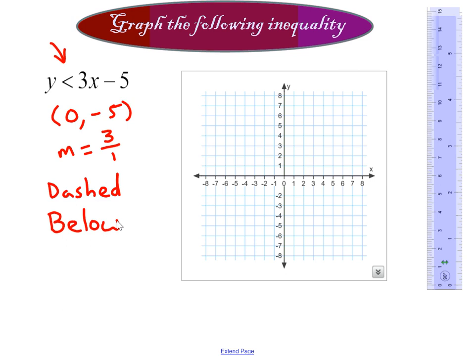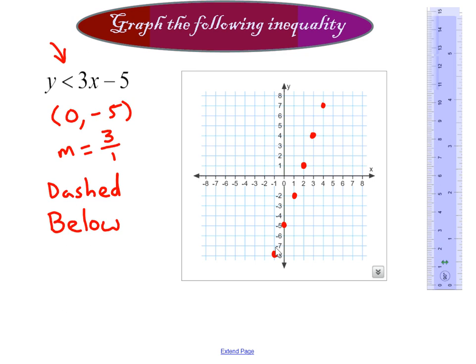So I start at -5, because that's my y-intercept. I'm going to go up 3/1: up 3 squares, over 1 square, up 3 squares, over 1 square. Okay?